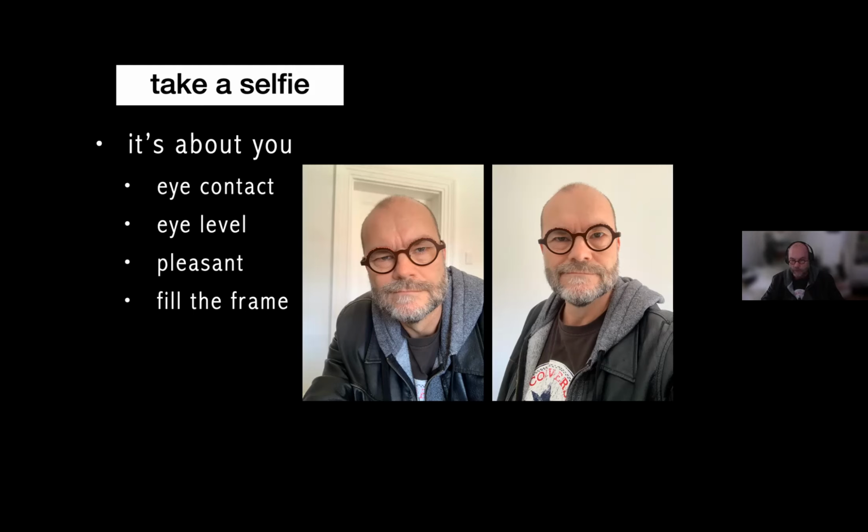I've tried to be a bit more pleasant than my grumpy self and make myself a lot more approachable and disarming. And I fill the frame. So I am the subject of that photo, as a photo you would take of yourself, to keep yourself the subject and not to be in the bottom corner or the top or on the side, centered and present.